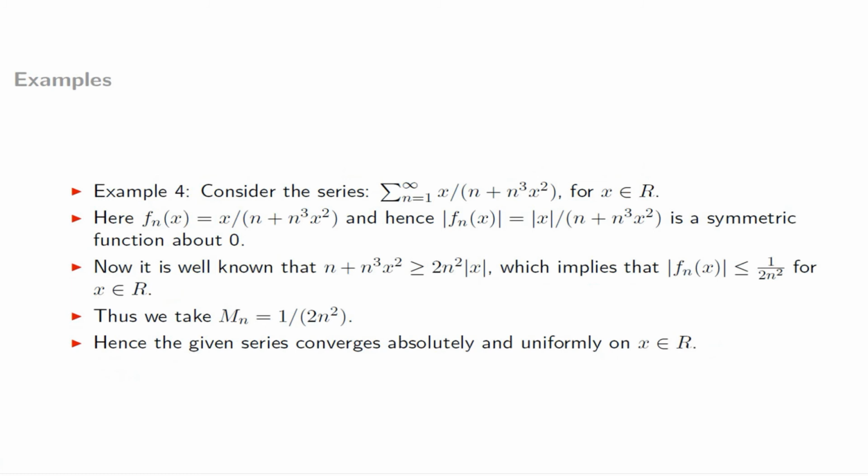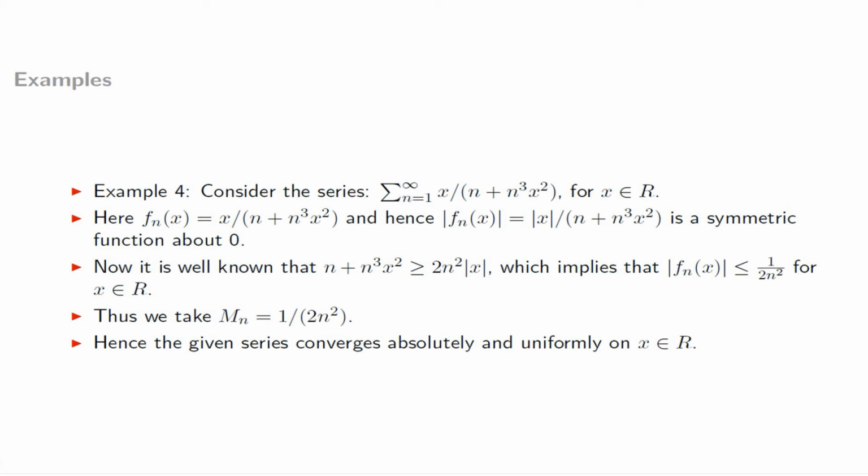Consider our next series where the nth term is x divided by n plus n cube x square. Here x can be positive or negative, but we get the absolute value of f n x as the absolute value of x divided by n plus n cube x square, which is again a symmetric function about 0.